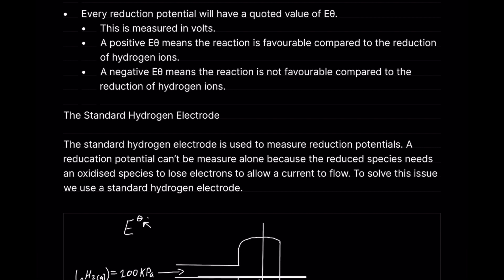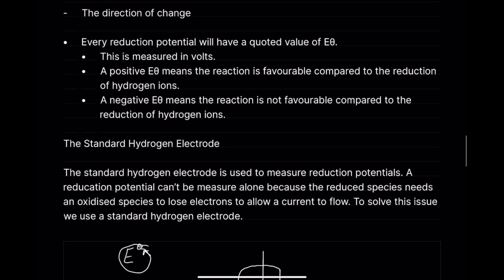This symbol is used to represent the electrode potential. So every half equation, which is a reduction potential, will have a quoted value of an electrode potential, and we can measure that value in volts.